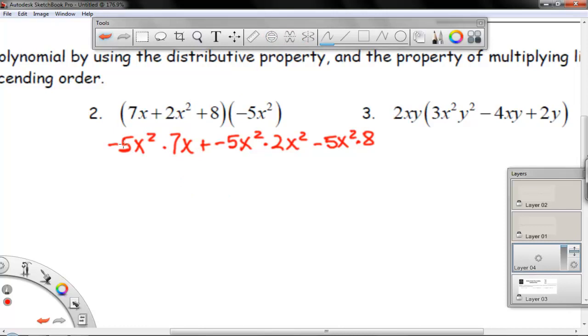Now, if you can go ahead and do this mentally in your head and go negative 5 times 7 would give me a negative 35, and an x to the first times x to the 7th would be x to the third.